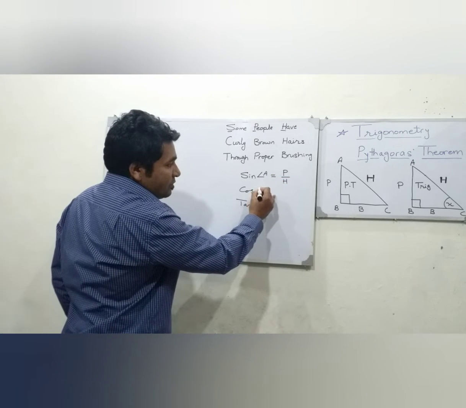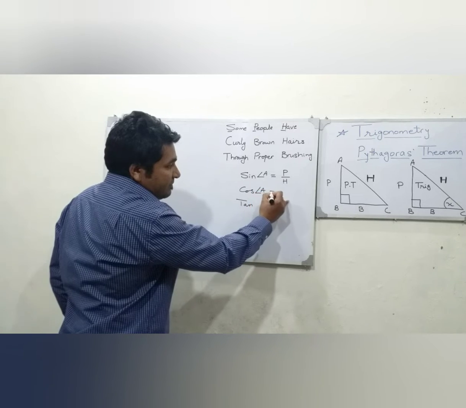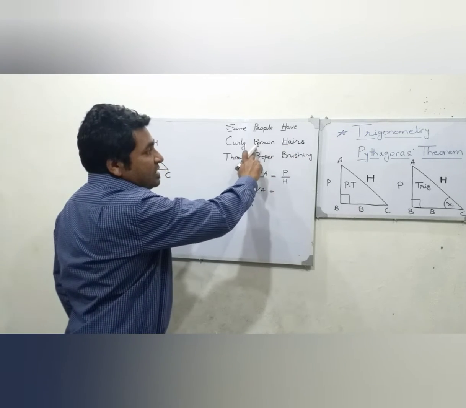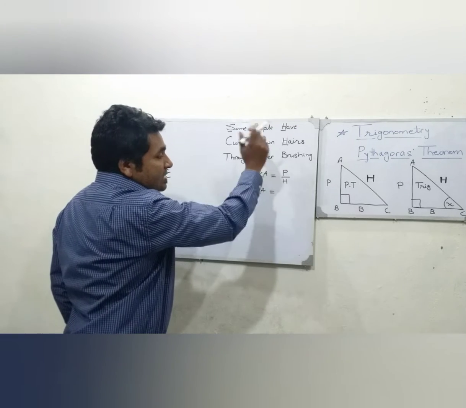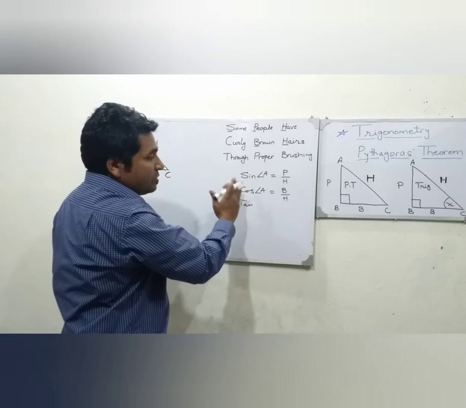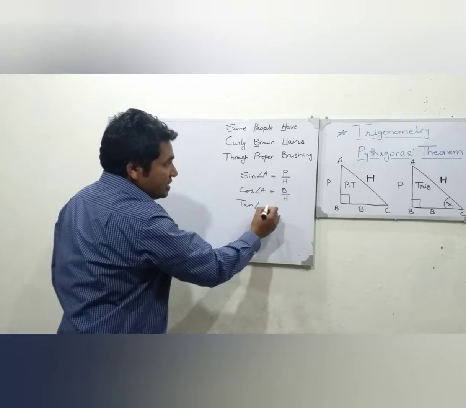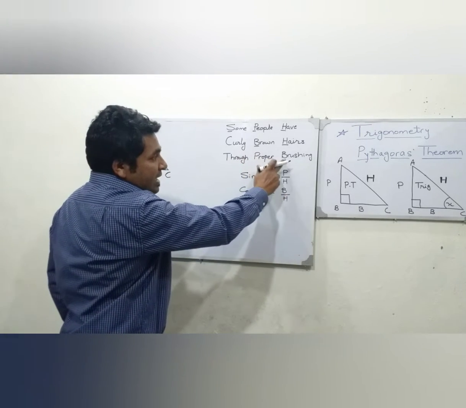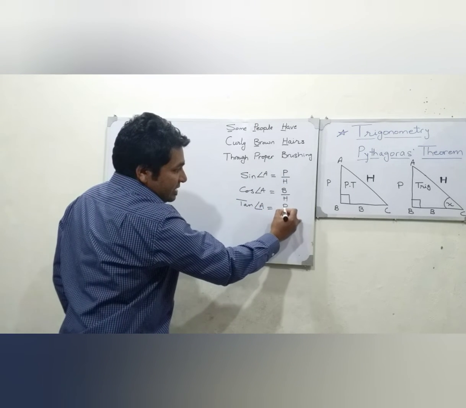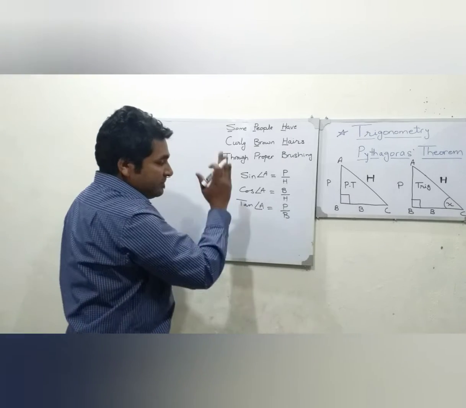In the same way, cos A is base over hypotenuse. When we take the ratio of base and hypotenuse, it is called cos. And when we take the ratio of perpendicular and base, that ratio is called tan.